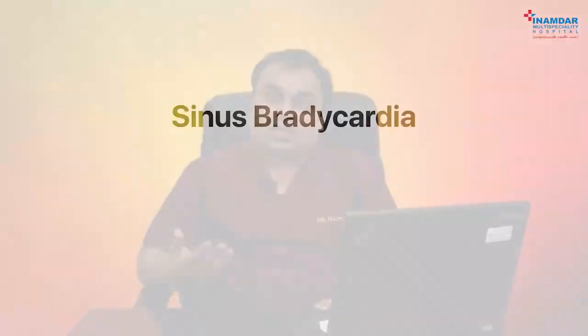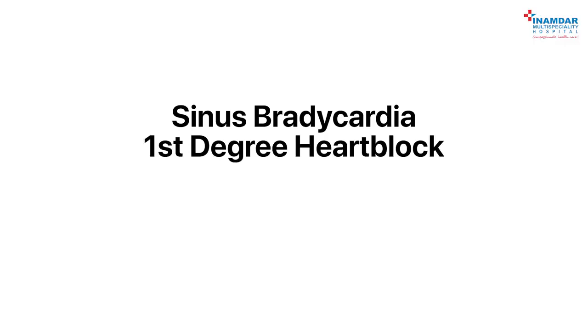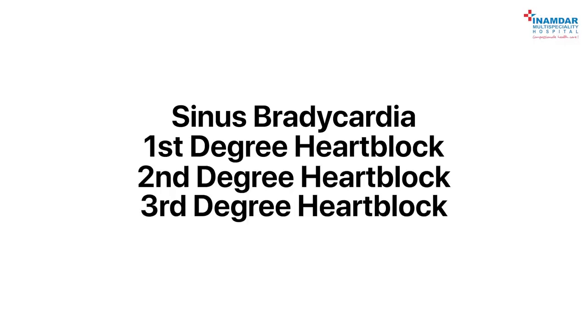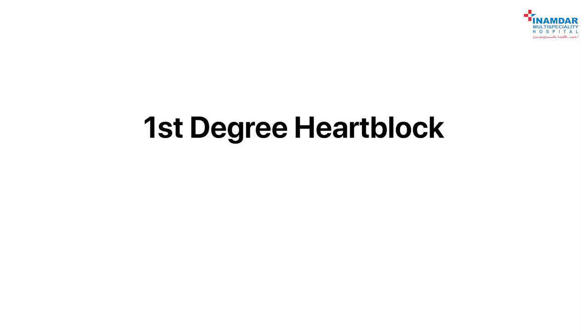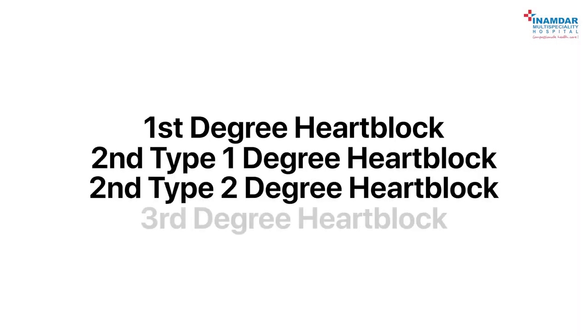So let's see the whole protocol. A patient comes to you with bradyarrhythmia. We call it bradyarrhythmia when the patient's pulse is below 50. Usually these patients have sinus bradycardia or first degree, second degree type 1, second degree type 2, or third degree heart block.